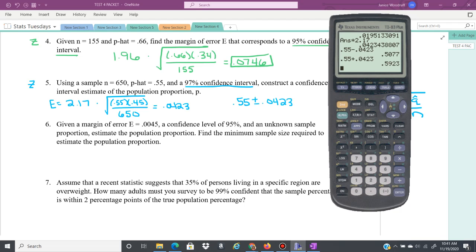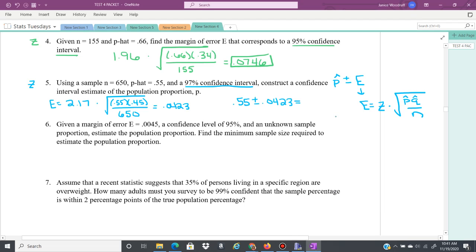So our confidence interval estimate will be 0.5077, comma, 0.5923. So remember what that tells us is that we are 97% confident that the true population proportion lies within these values.